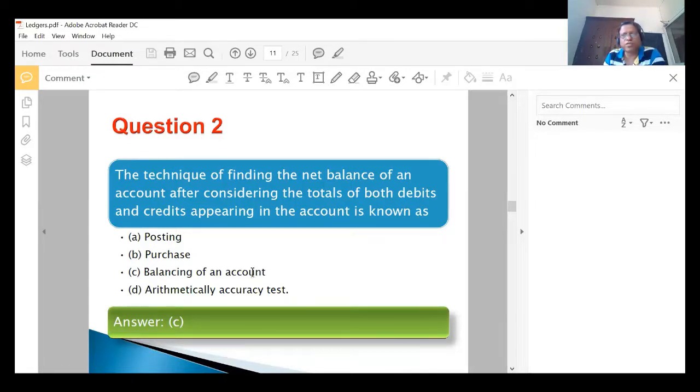What is balancing of account? Balancing of account is nothing but the technique of net balancing of a ledger. Okay.